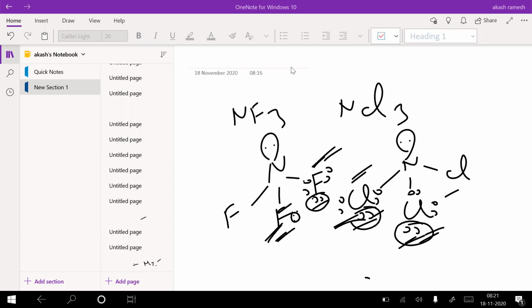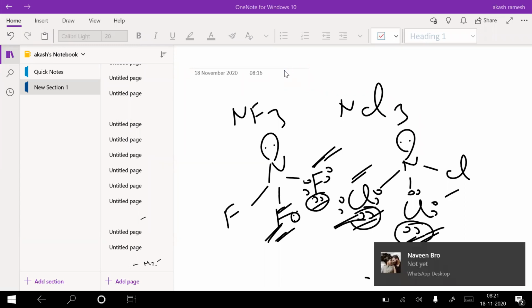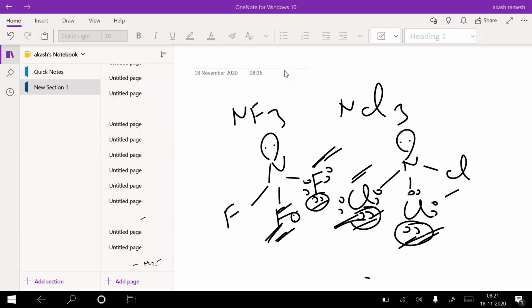Sir, I thought that the repulsive interaction between fluorine and fluorine will be greater because fluorine is more electronegative. Sir, I thought it was because of the smaller sized atom. Yes, that's a good approach. Talking about size is really something logical.